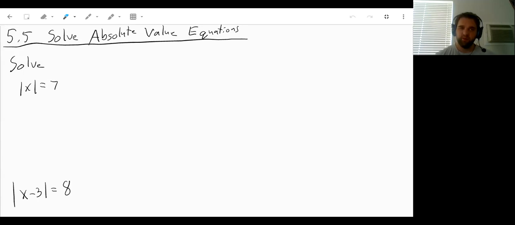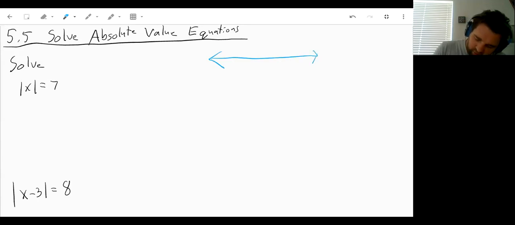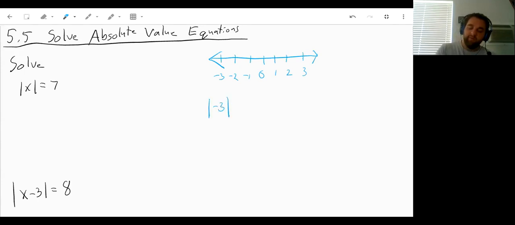Now, absolute values are a way of asking how far is the answer of the inside of this stuff away from zero. So if you have a number line and we think of zero at the center, we can have 1, 2, 3, -1, -2, -3. If we ask, what's the absolute value of -3, that's asking how far is -3 away from zero.